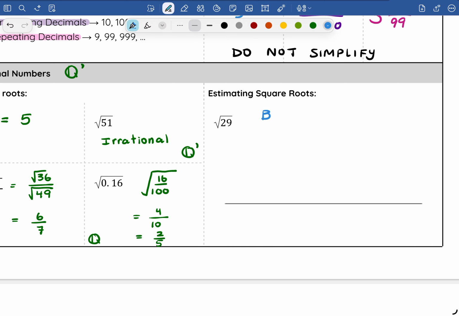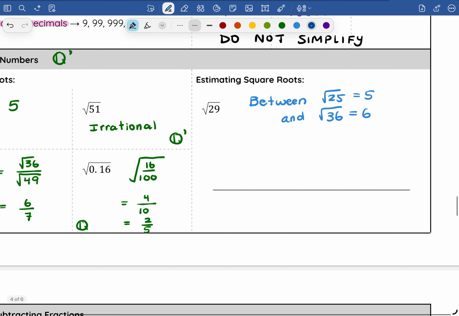So we know that this would be between the square root of 25, which is 5, and the next one would be 36, which is 6. So we know that the square root of 29 is somewhere between these two values. So it'll be like 5 point something. We just want to be able to estimate to one decimal point.